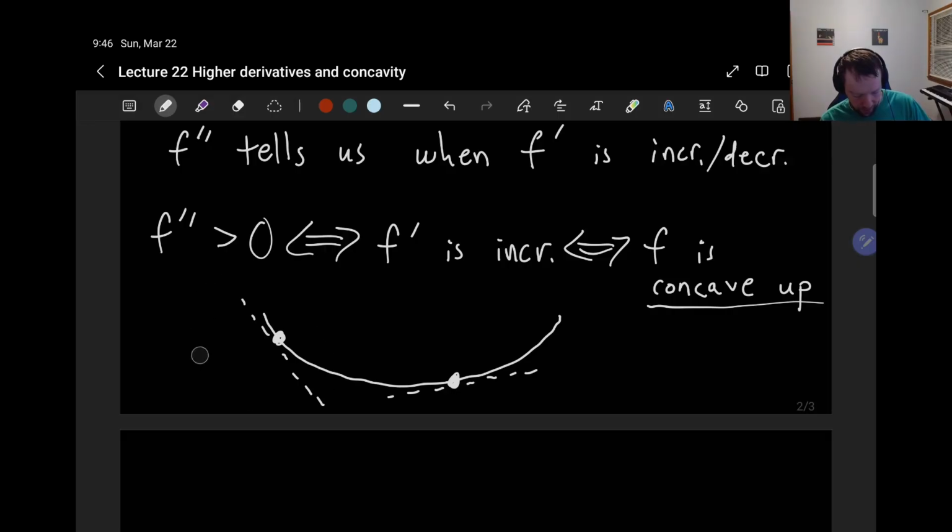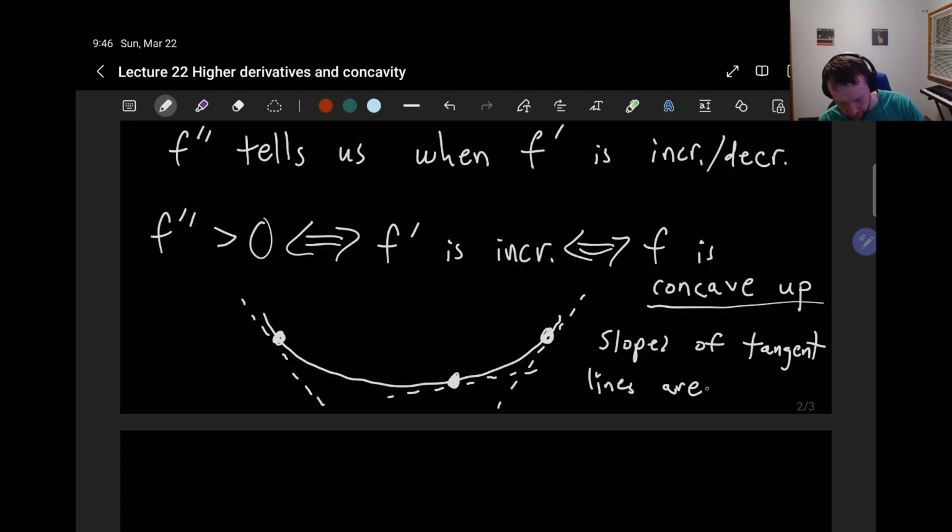This one's negative and will be more steeply in the positive direction over here. So as you move along, the slopes of the tangent lines are increasing. That means the derivative is increasing. So this is concave up. The slopes of tangent lines are increasing.